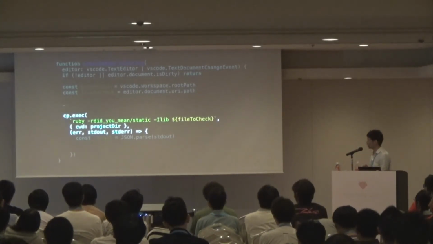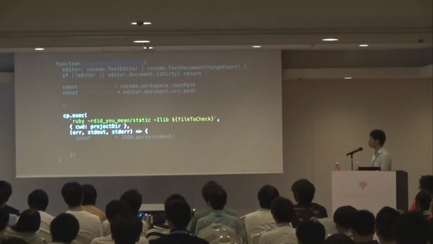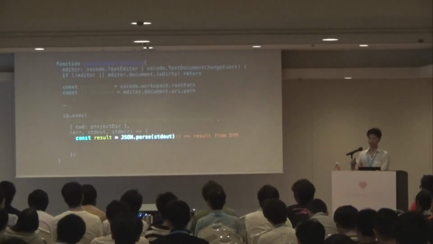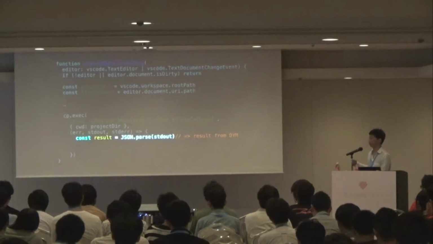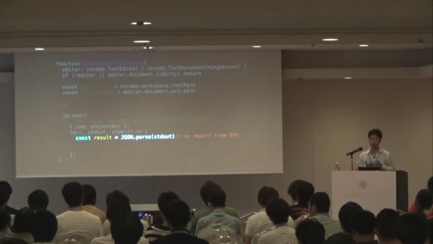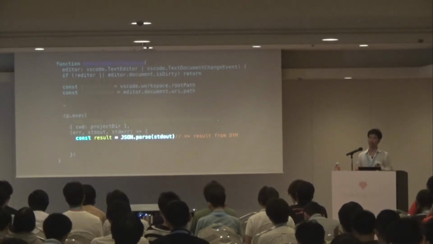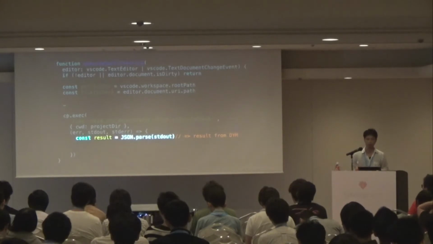And as a callback, Ruby just sends JSON to standard out. So VS Code can read standard out, and then if there's an undefined method, it can annotate that method in the file.